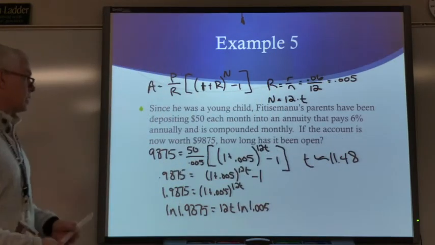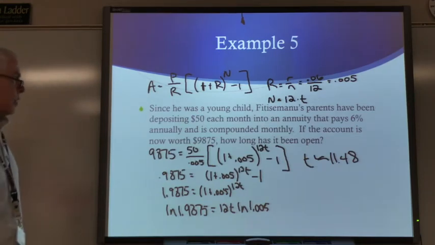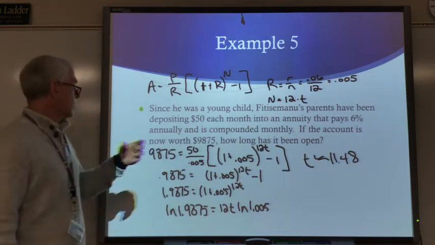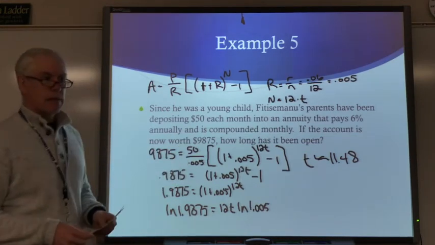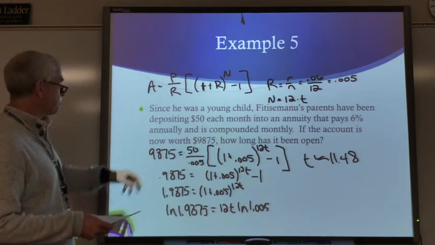Okay, so in that situation, if I am able to put $50 into an account every month for 11.48 years, if I get 6% interest, we'll have $98.75 in that account. Okay, so that's an example of how that formula is going to work.